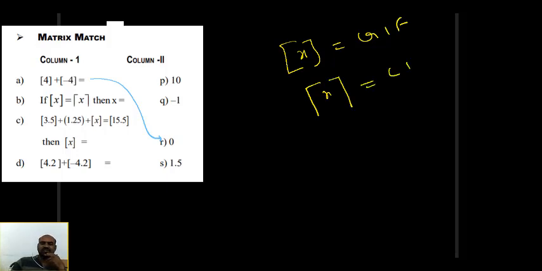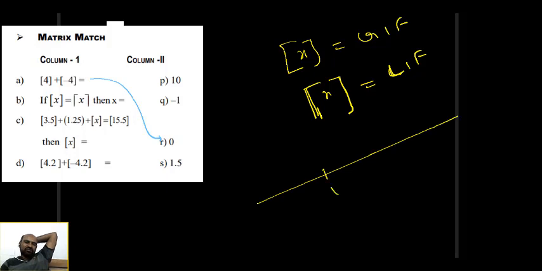Important thing, students: what is this? The greatest integer function, GIF. And this is the least integer function, LIF. I will tell you how we get that.